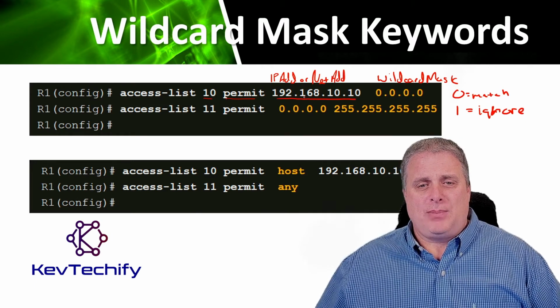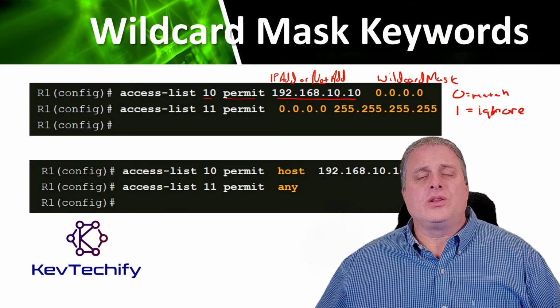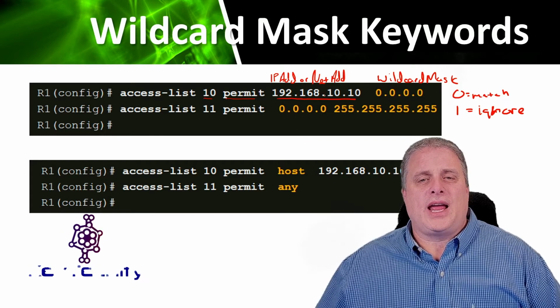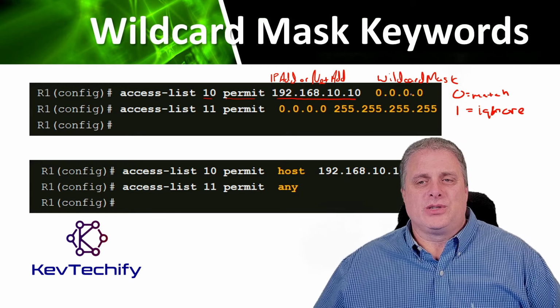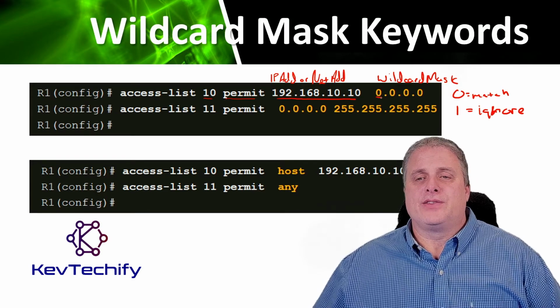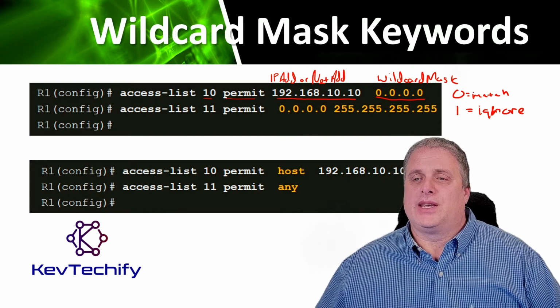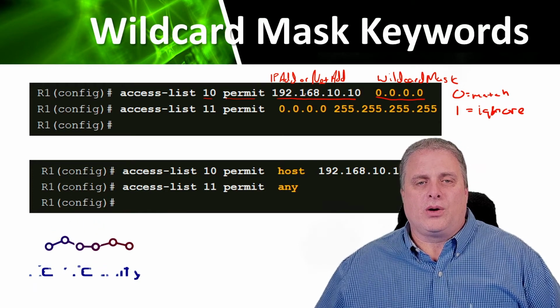So this IP address here, and we want to compare all of these bits, all 32. So we want a single host address matching all 32 bits. So we're going to have 32 zeros here, convert that into decimal. That gives us 0.0.0.0 for our wildcard mask. Once again, 0 is a match. And so we're going to match all 32 bits. So we're going to be a host.